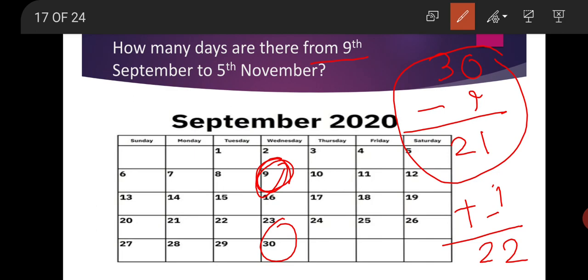Now student, if the question is how many days are there between 9th September and 5th November, then the number of days in September would be 21. I repeat, if it is written how many days are there between 9th September and 30th September, then the answer would be 21.